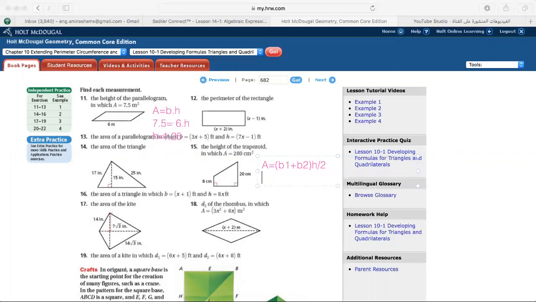Okay, so the area is 280 equals to, base 1 is 8, base 2 is 20. The height is required over 2. Again, I'm going to write 280 is equal to 28 H over 2.